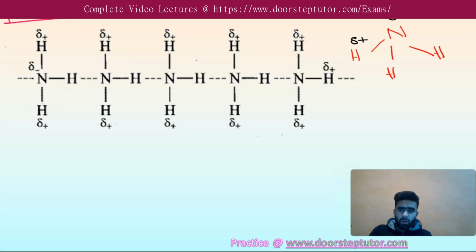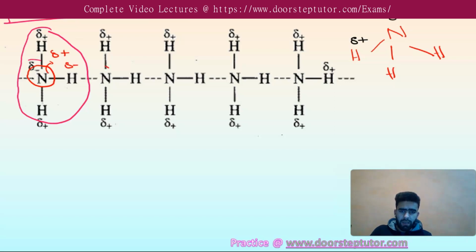Suppose we have one molecule of ammonia. Because of the difference in electronegativity, the nitrogen will have delta negative charge and the hydrogen will have delta positive charge.